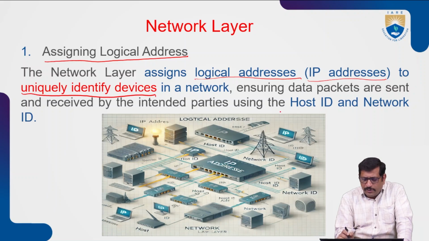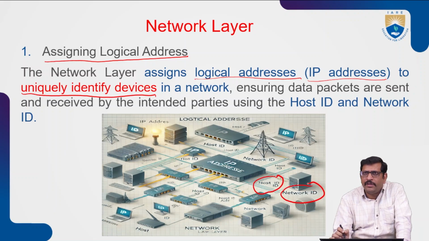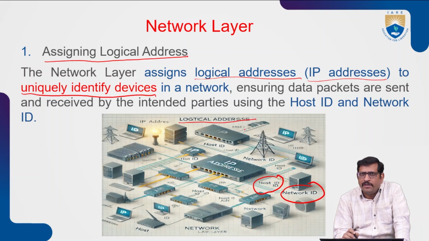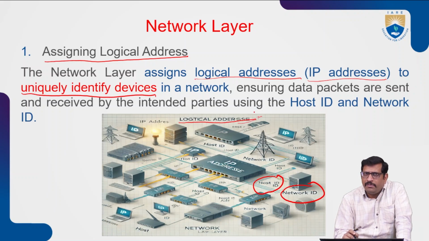That means using the host ID and network ID, the data packets can be sent or received. Here is the logical address, which is generated while executing the program. After generating the logical address, it will be mapped to the physical address.